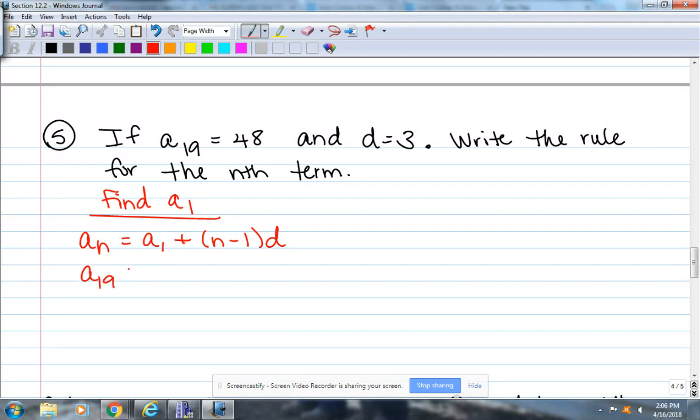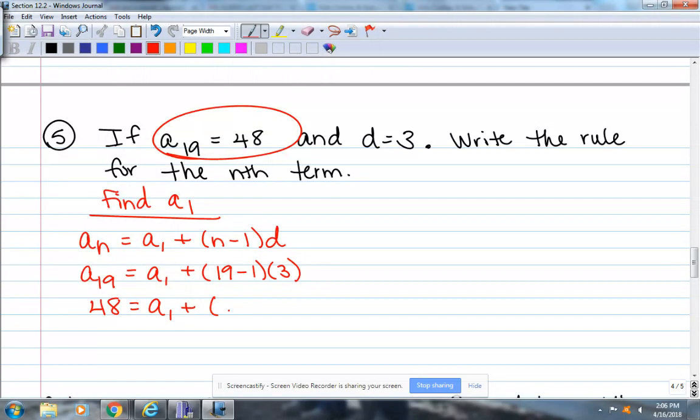So a sub 19 equals a sub 1 plus 19 minus 1 times what's my d on this one? 3. This is 3. And we know that a sub 19 is 48. And then I just do my arithmetic. 19 minus 1 equals 18. 18 times 3 is 54.